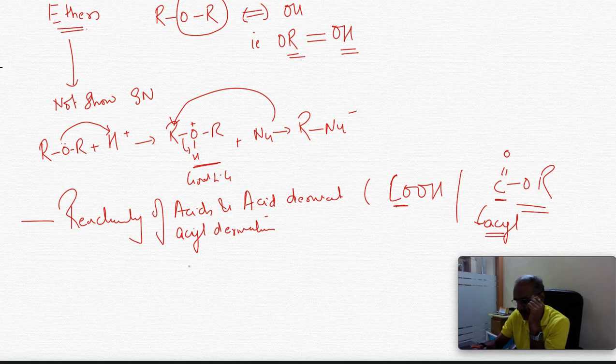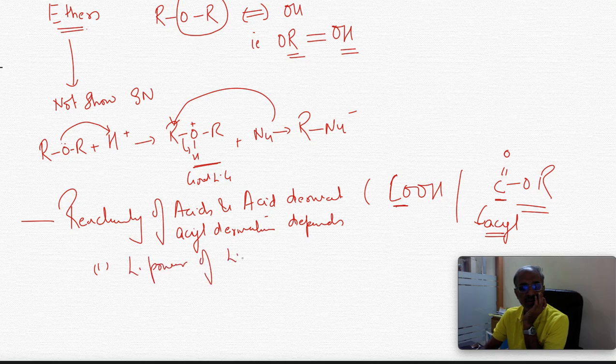Now, the reactivity of an acyl derivative basically depends upon the leaving group, or the leaving power, so how easily it leaves the substrate or the reactant.